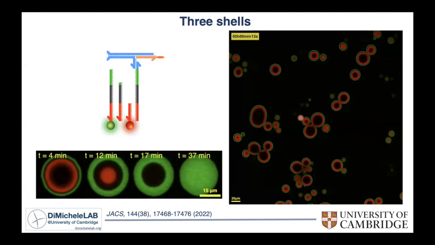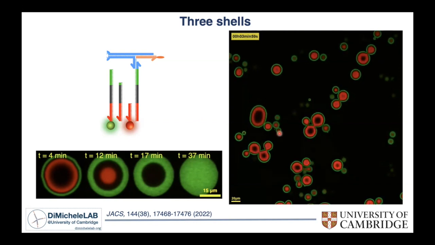We can, of course, do this with more than two strands if we want to have, say, more than two addressable regions within our synthetic cells. So in this example, we have a third strand, which has intermediate length between the red and the green, and is non-fluorescent. So this is going to generate a black region, looking black in confocal, between the red and the green, and you can see this in the video.